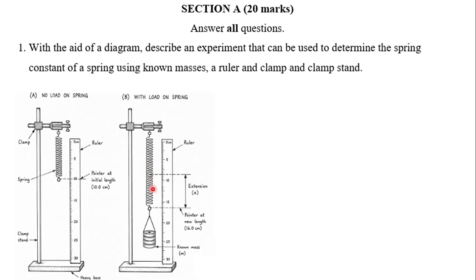And upon putting a mass or masses, the spring is going to increase in length by a certain amount, which is called extension. So the new length, subtract the original length, will give us extension, this bit here. So that's the setup. Drawing a correct diagram, 1 mark, and labeling correctly, at least 3 labels, you have 2 marks. Already that gives you 3 marks from the diagram.